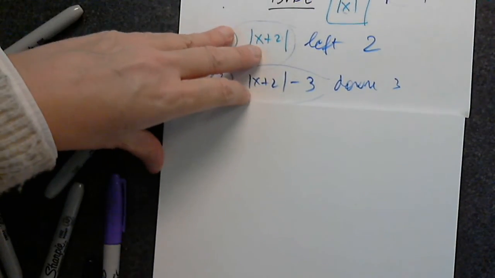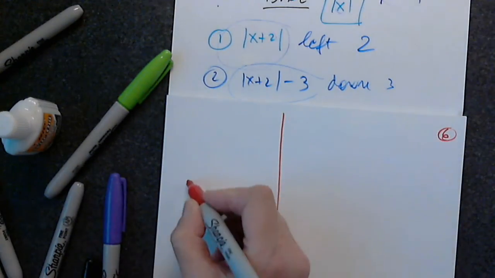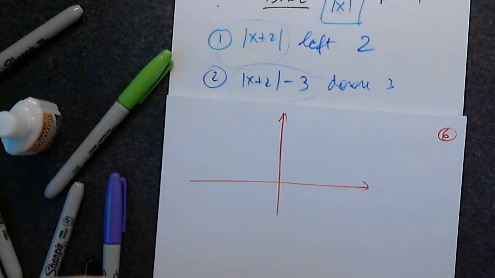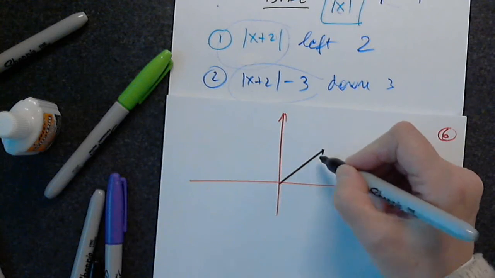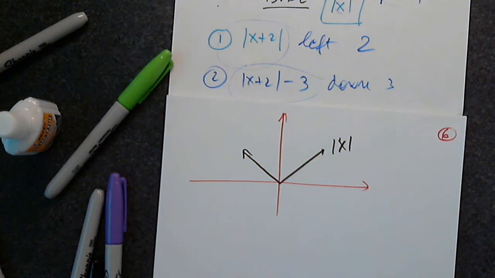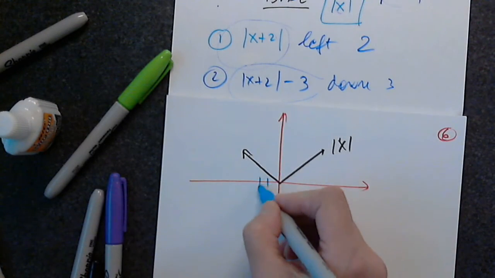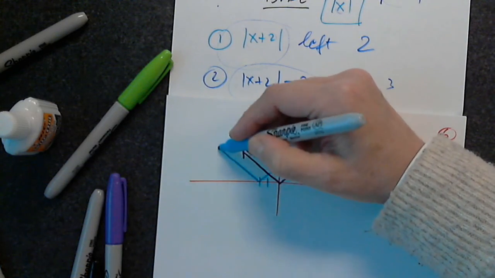Okay, so the absolute value we had on that test is this. It bisects the first and the second quadrants. This is the absolute value of x. Then you said to shift this 2 units to the left, which is perfect, all parallel to the previous.